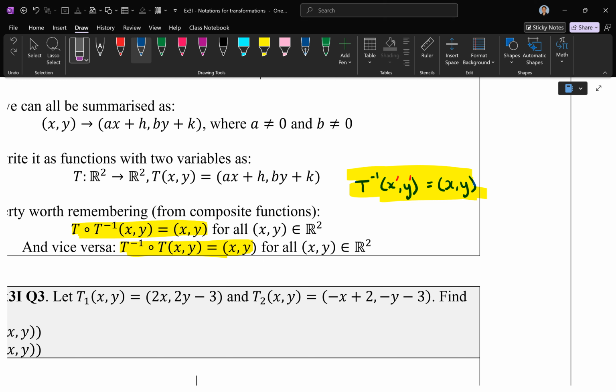We're just going to look at the properties, because that's how you're going to then understand what the questions are asking. What this is telling you is that if you did the inverse transformation of your x dash, y dash, that brings you back to the original x, y coordinates. That's all it means. So if you did the transformation of your original x, y coordinates, well, that gives you the new x, new y.